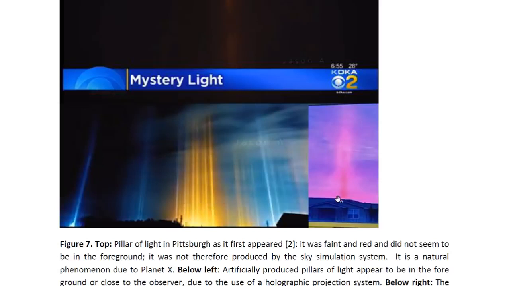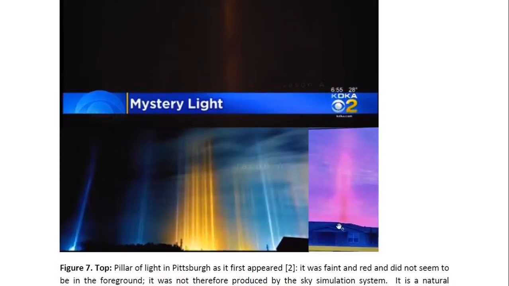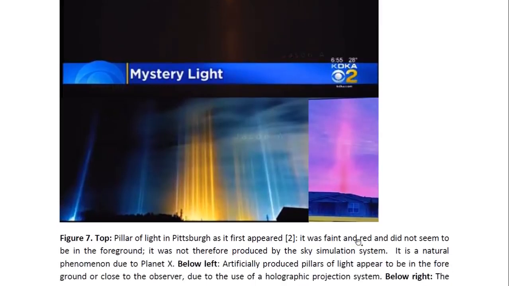But this appears to be natural, and so is this. And you can see that it was faint in the beginning, it was red, and then later on it turned magenta. And that suggests that the energy being transferred increased in energy as time went by.